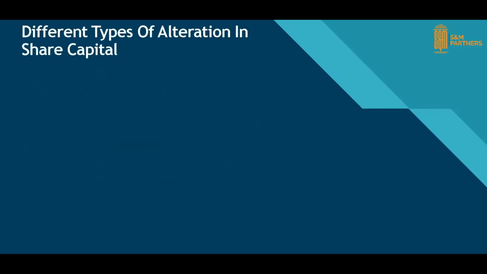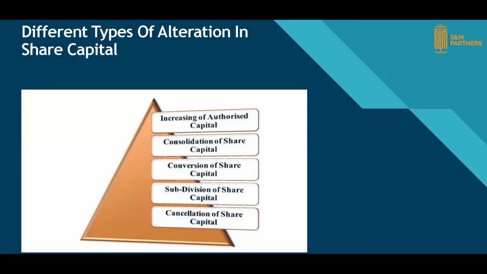Now we would see how different types of alteration take place in the share capital. How can you alter the share capital through different ways? The very first way is by increasing the authorized share capital. So what do we mean by authorized share capital?